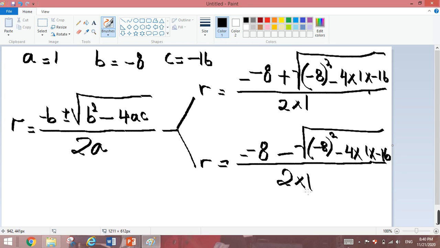You need to insert this in the calculator as following. So you put at first the fraction button and you write minus 8 plus, and then you press square root, and then you press the button of x squared and you put the bracket. Inside the bracket you write minus 8, get out of it, and then you say minus 4 times 1 times negative 16.